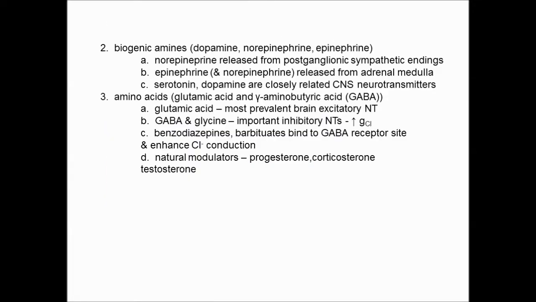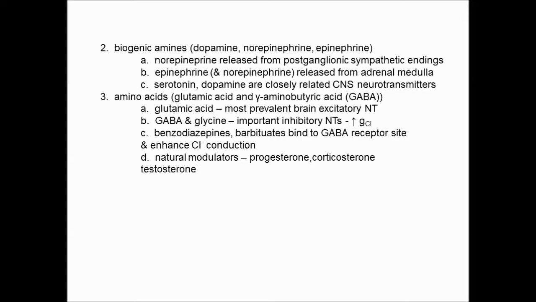Okay, the second family of neurotransmitters, in no particular order, are called biogenic amines. The term biogenic means they're amines that are synthesized in biological organisms, if you will. And they have very simple structures, but norepinephrine, you're very familiar with epinephrine, and dopamine are classic examples of these agents.